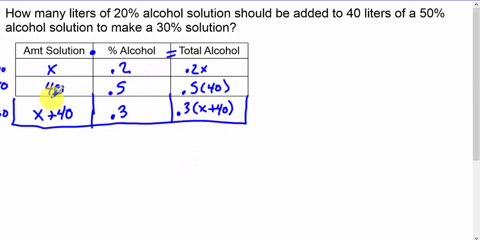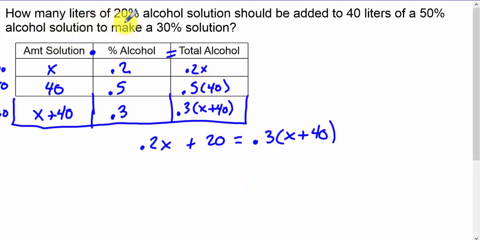Here's the total alcohol. There was some alcohol in the 50% solution. Here's the total alcohol in that. Dump the two buckets together, and this is the alcohol that was in the 30% solution, but it equals the sum of the alcohol in those two. So again, 0.2x plus 20 is equal to 0.3 times x plus 40.